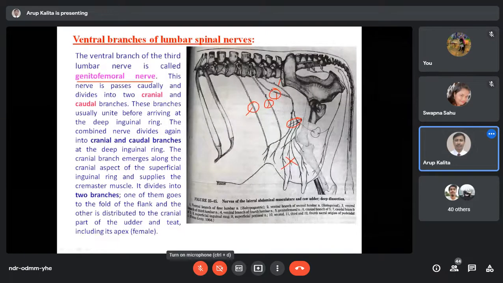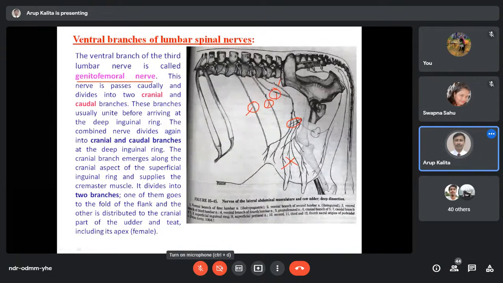Now, another 3 are there: 4, 5, 6. What would happen to these 4, 5, 6? The fourth, fifth, and sixth ventral lumbar spinal nerves will form the lumbar plexus. Have you heard this name, lumbosacral plexus? Yes, sir.